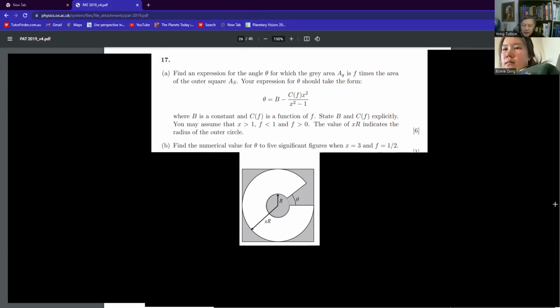Find an expression for theta in this diagram, where the gray area AG is F times the area of the outer square, AS. So what is the gray area?